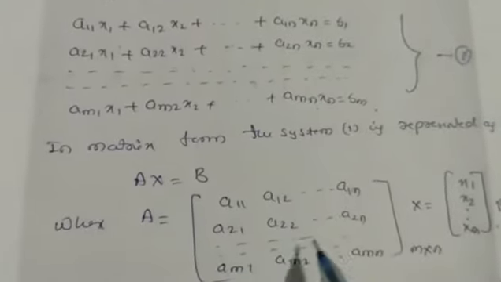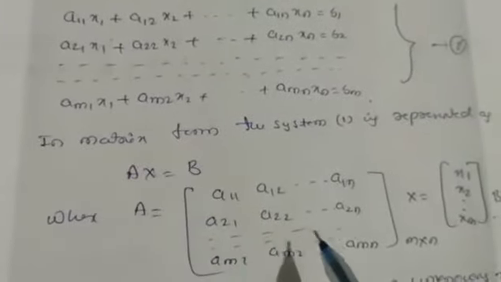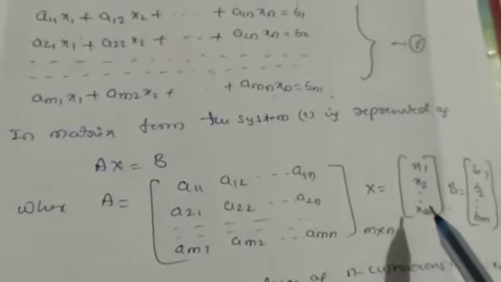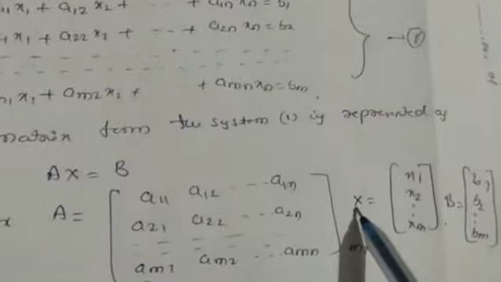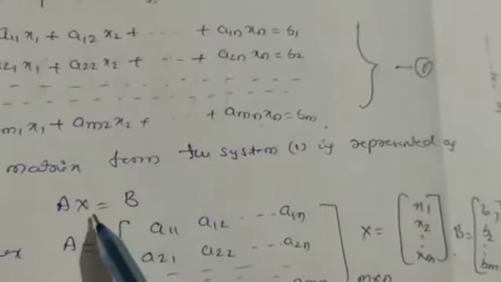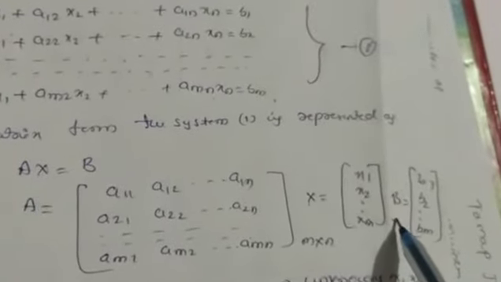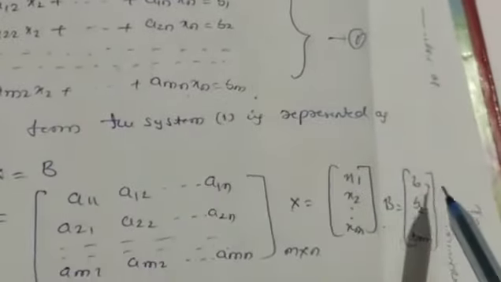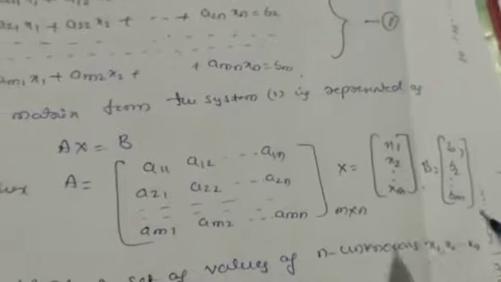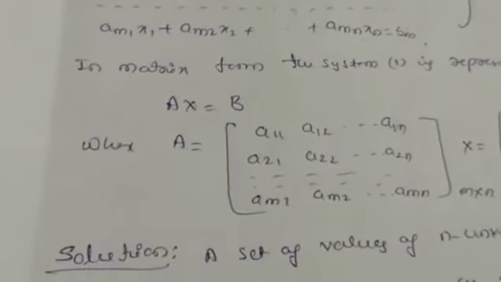Second row a21, a22, etc. up to a2n, and so on. The mth row is am1, am2, etc. up to amn. And x is the unknowns x1, x2, etc. up to xn, and b is the RHS, b1, b2, etc. up to bm. So we can write these equations in matrix form like this.